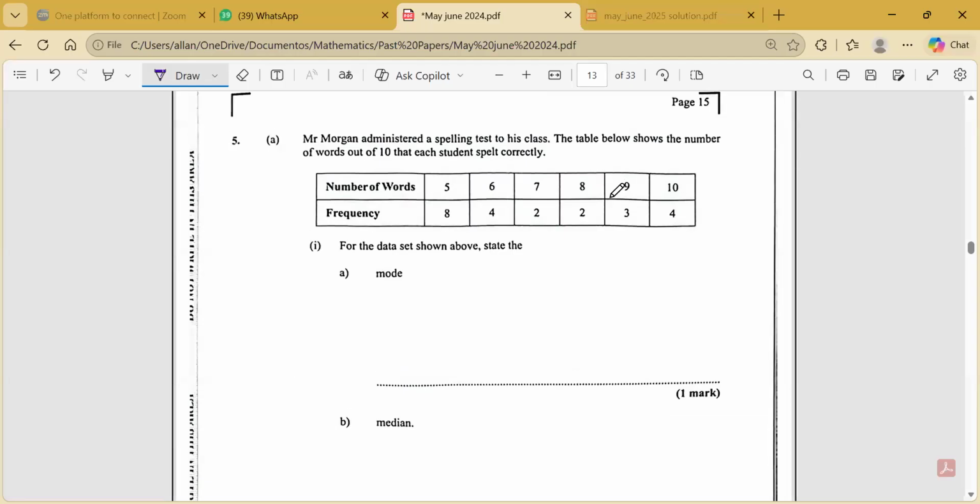So the mode, which one occurs the most? What would be the mode? 2, sir. No, 5. So which is the highest frequency, Antonio? 8, sir. So what number corresponds to that 8?